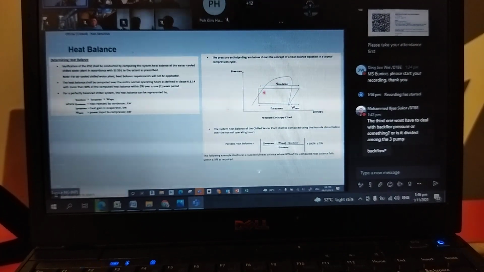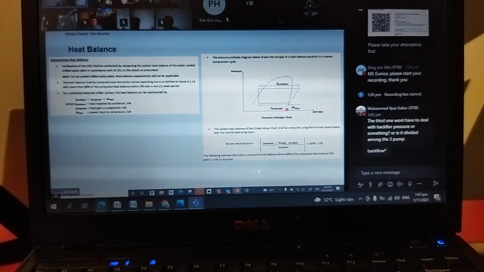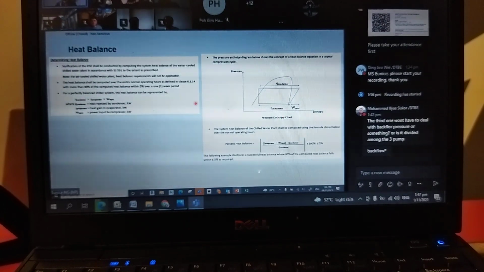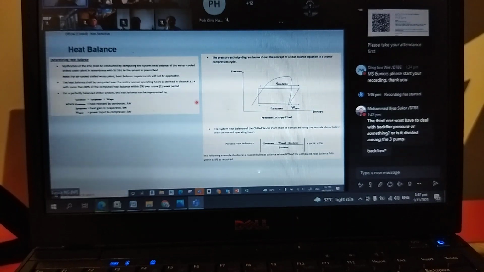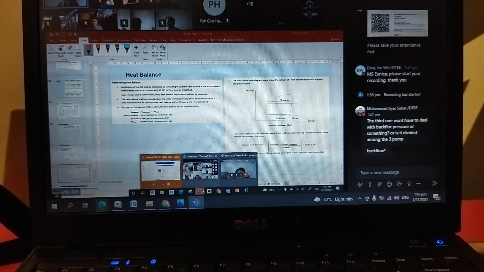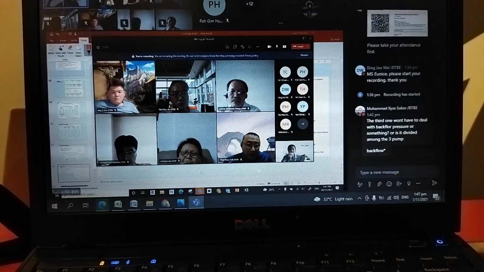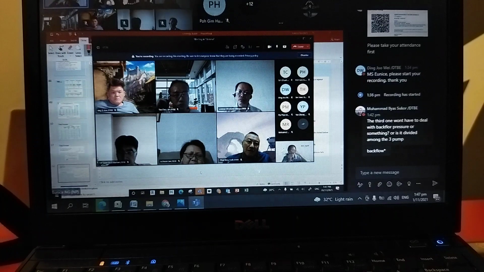If you haven't learned the pH diagram, this is what the pH diagram looks like. Now, the law of conservation of energy. Can somebody tell me what the conservation law is?